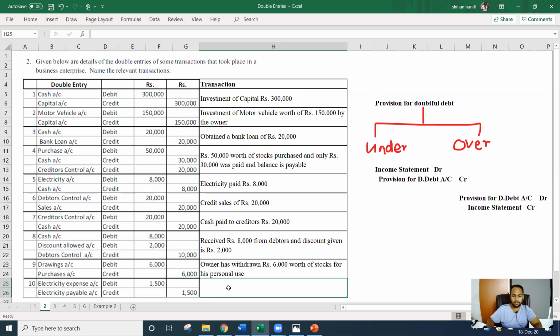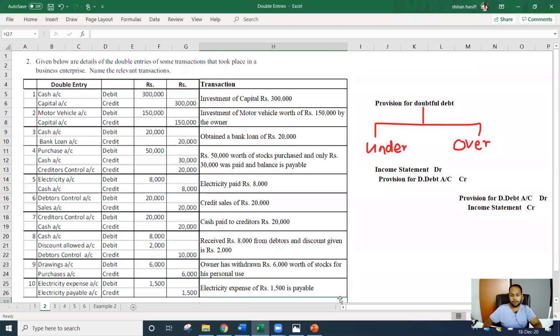Electricity expense account debit. Electricity payable account credit. Electricity expense of 1,500 is payable.